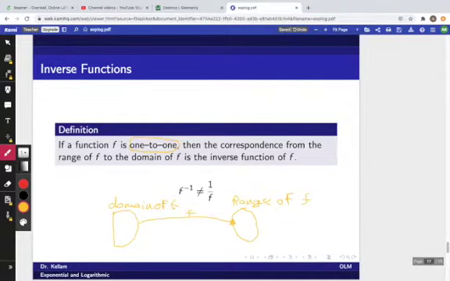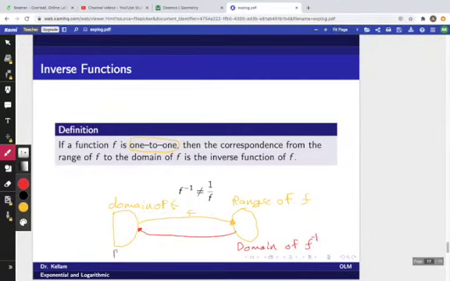F inverse, or the inverse function of f, is going to take something from here and take it back to the domain, meaning that this is the domain of f inverse.